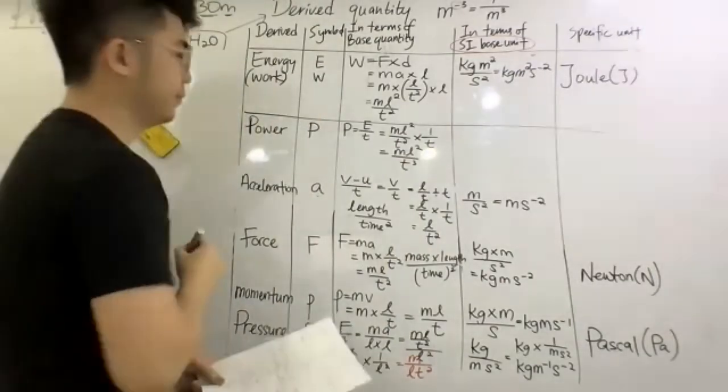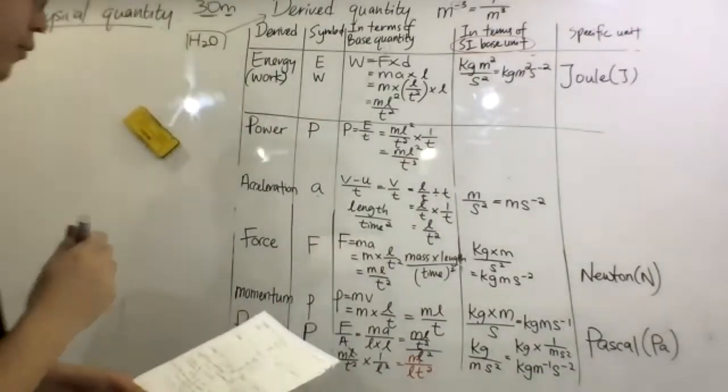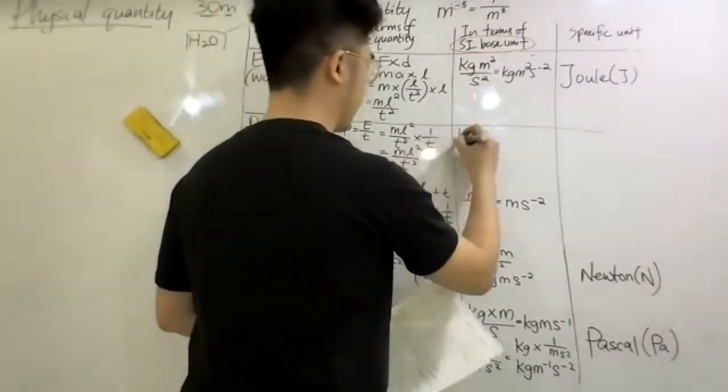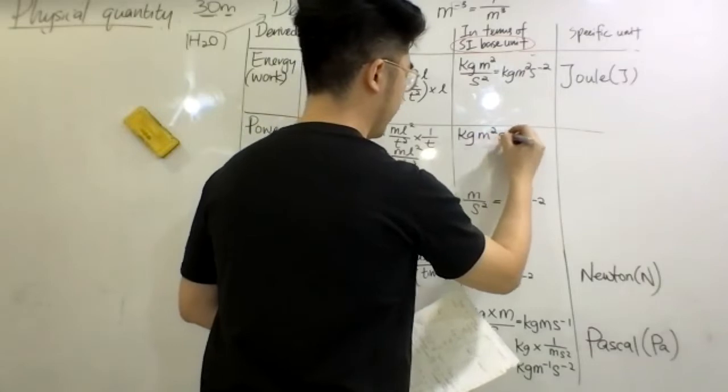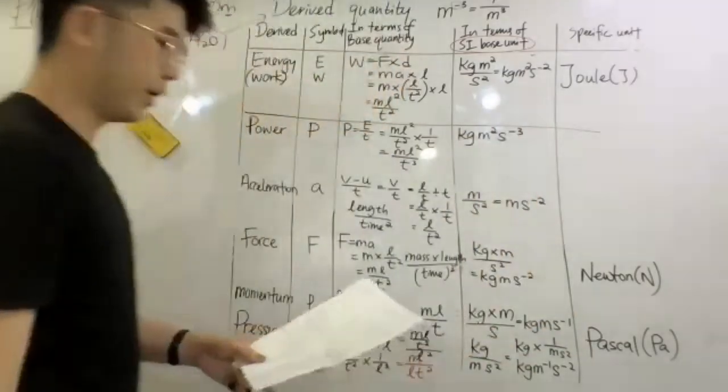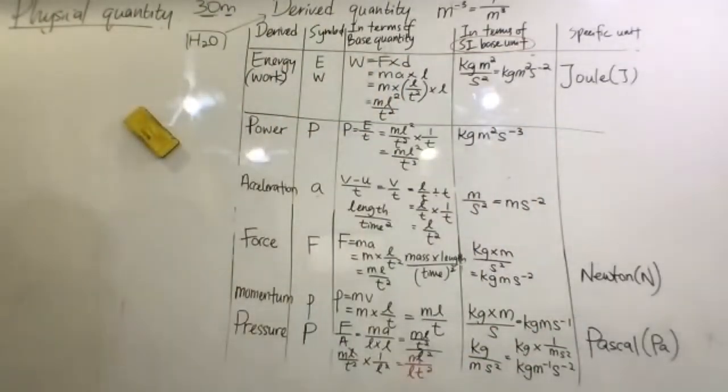Okay. This one will be kg m squared s minus 3. Specific unit?